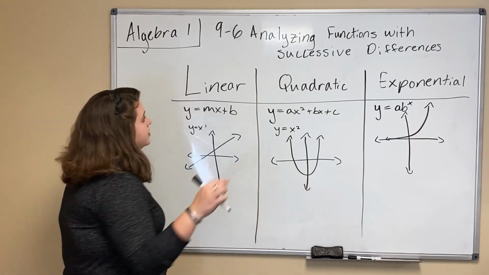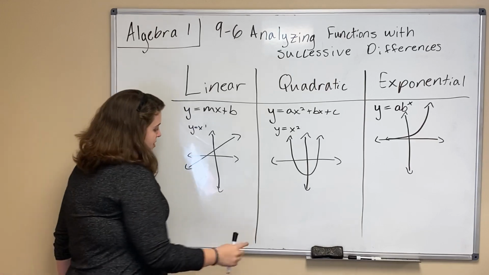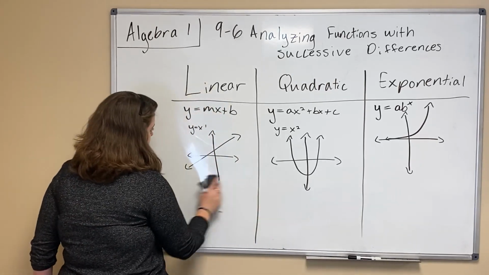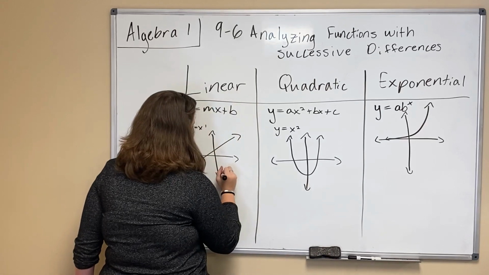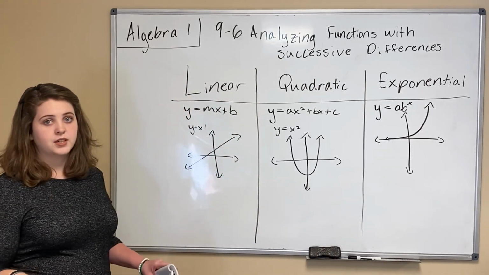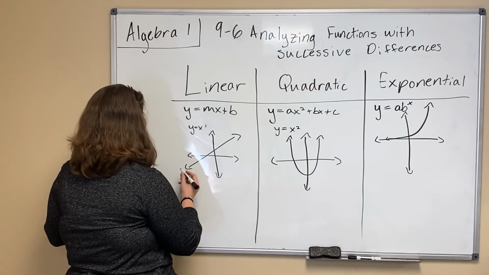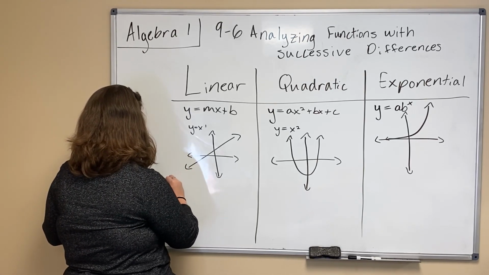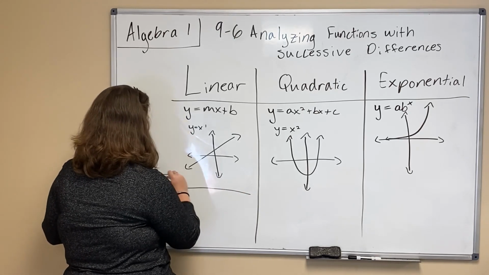and it's called successive differences. Basically, how we're going to do this is by looking at a table of values for this equation. So let's start with linear. If we have a linear function, we have a table that's all of the points in this function.